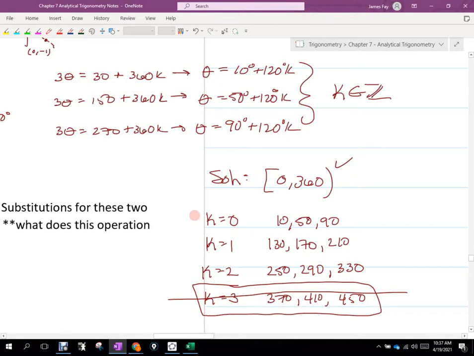Basically what we talked about on Thursday was you always start with k being equal to 0, and you go all the way up to n minus 1, where n is your multiplier for theta. So this interval here, 0 is less than or equal to k is less than or equal to n minus 1, knowing that k belongs to the integers, so you can't have k be like 0.5 or something like that.